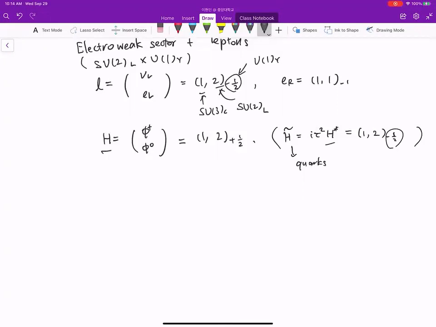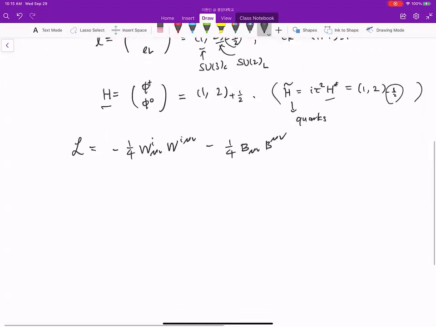So then the Lagrangian you can write down. First the gauge sector, the field strength tensor, and the covariant derivative terms for fermions.